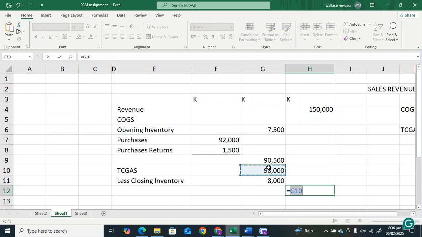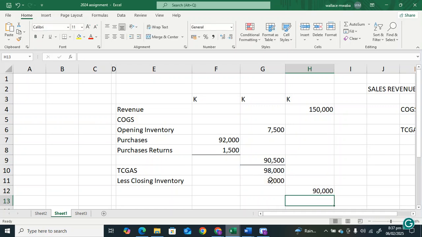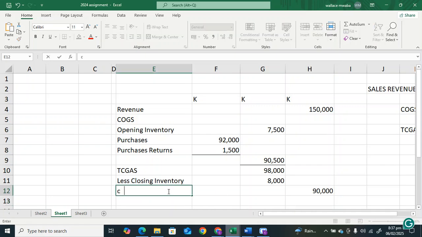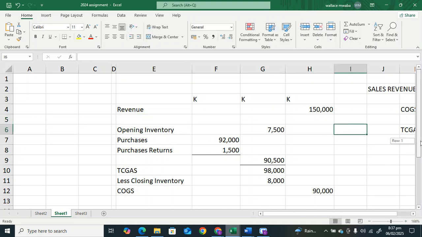So to get our total cost of goods sold, it is the total cost of goods available for sale minus the closing inventory, 90,000. This is our cost of goods sold. Any questions? Are we okay with this? Any questions, queries, clarifications?